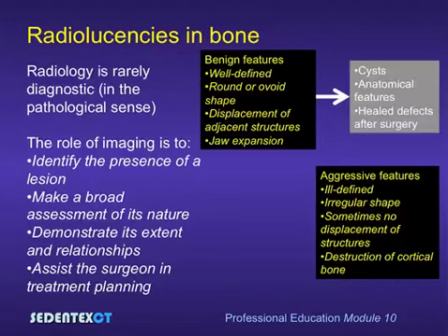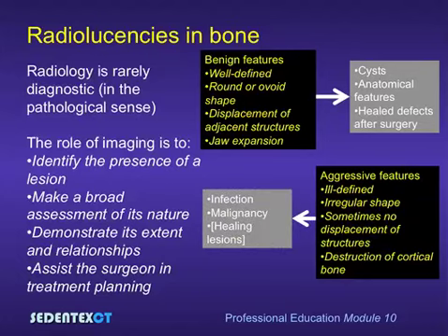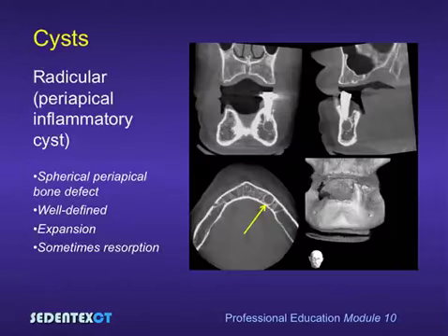The benign features are classically seen in cysts, anatomical features, and healed defects after surgery, whereas the aggressive features are seen in infection, malignancy, and sometimes in healing lesions. Probably the commonest radiolucency that a dentist is likely to encounter is a radicular cyst or periapical inflammatory cyst.